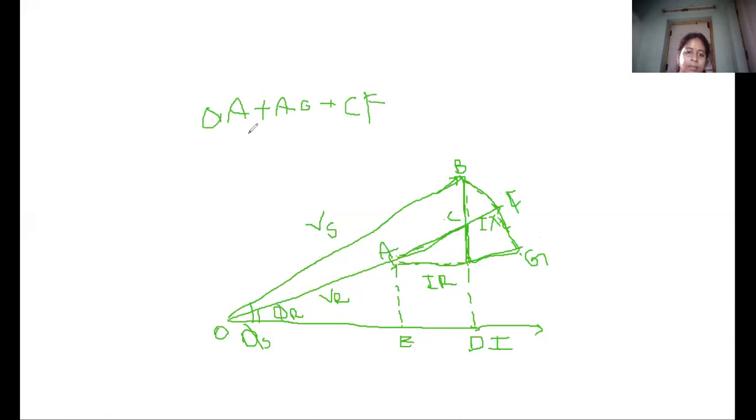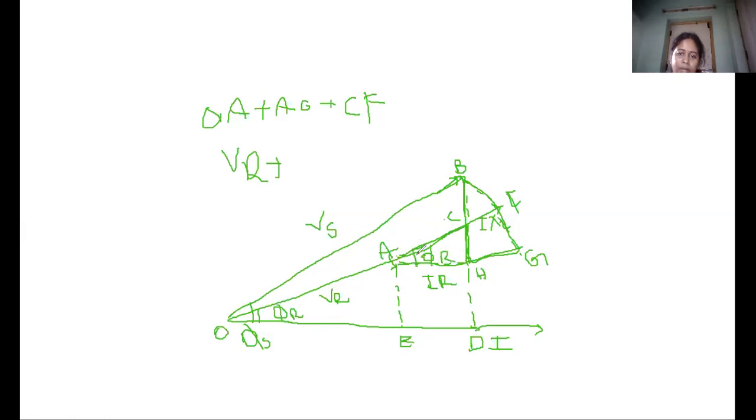OA we can find is the value VR, and AC and CF we need to find. Here the angle OAE is the reference of the AC, GH is nothing but ACH. ACH forms an angle of OAE, so it's an angle of phi r.